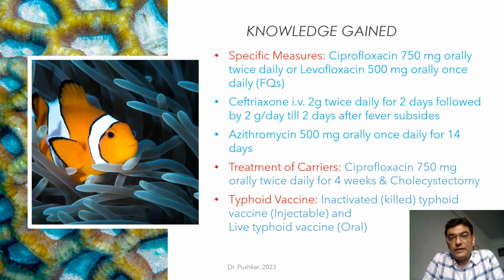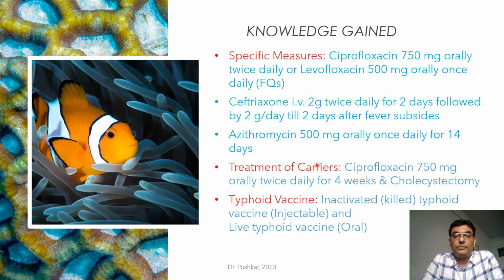So what knowledge did we gain today? Now we know that there are specific measures such as ciprofloxacin, levofloxacin, ceftriaxone and azithromycin. Most commonly used agents are these: ciprofloxacin 750 mg BD, levofloxacin once a day, ceftriaxone 2 gram twice for 2 days and followed by 2 gram per day till 2 days after fever subsides, and azithromycin 500 mg orally once a day for 14 days.